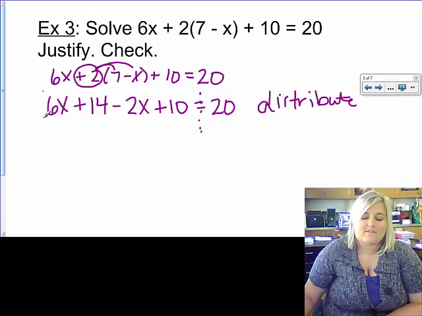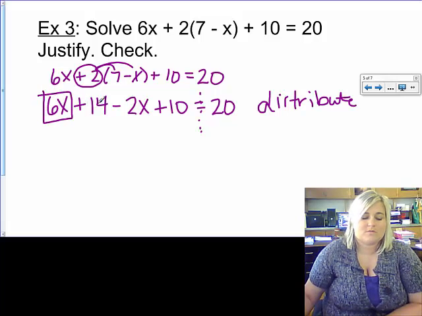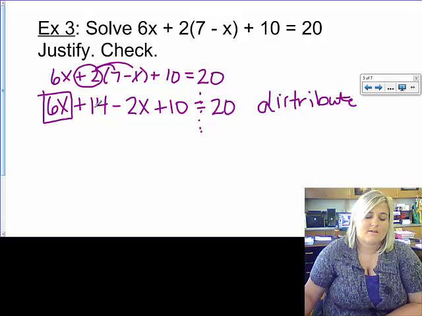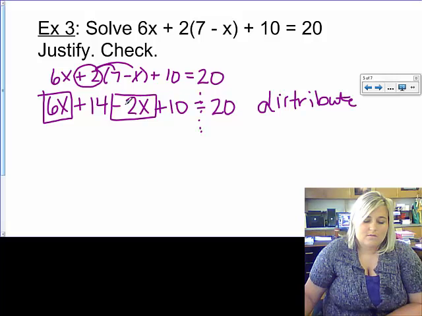So I have 6x. 14 is constant, it does not have a variable, minus 2x. I have x and x, they're both understood to the first power. Those would be like terms. And then I have 10, which is a constant. We just said that 14 and 10 are constants, so those are like terms.